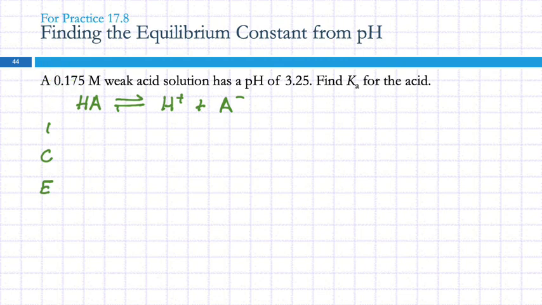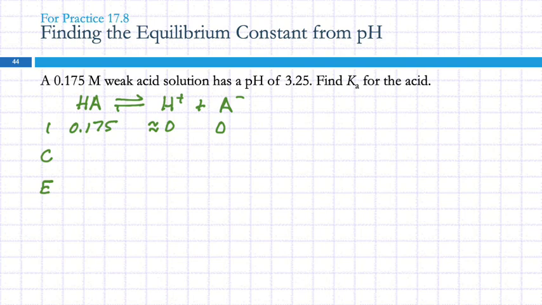0.175 represents what? The initial concentration of the acid. What's the initial concentration of hydronium? About 0. And A minus? 0. They didn't tell us any different. If it was not 0, they would tell us. Okay, so what can we figure out from the pH?